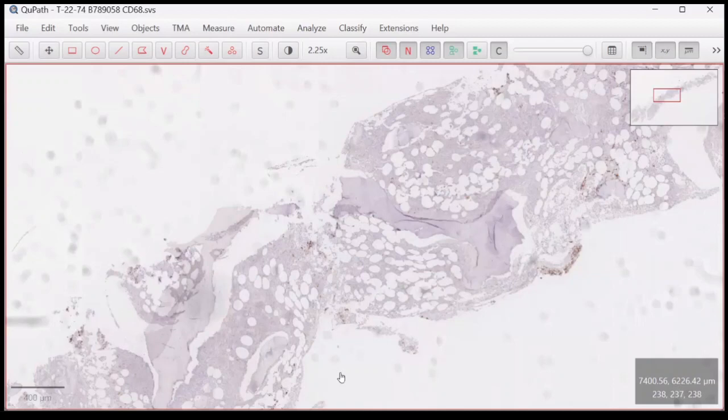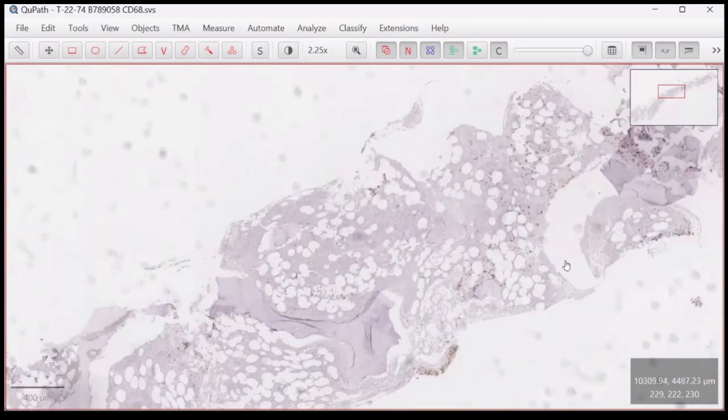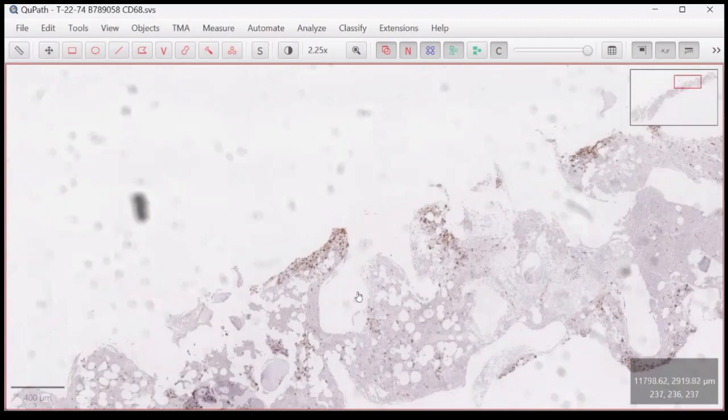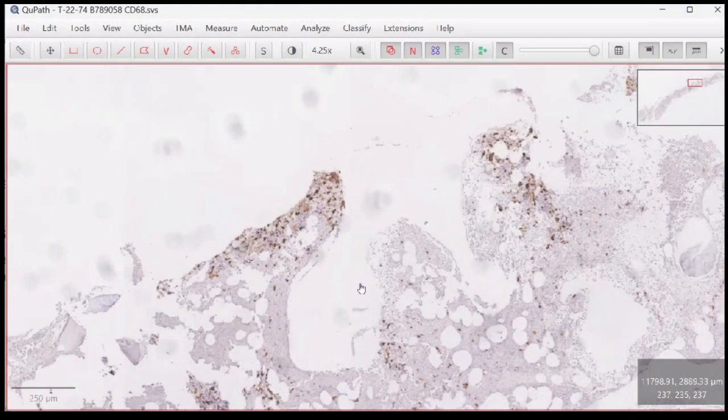If you do CD68 and break it down into CD14 and CD163, you might get more of the CD68 expressing CD14, meaning that these are the mature or differentiating type of monocytic cells. And here you have a few, but again they are not really forming clusters.